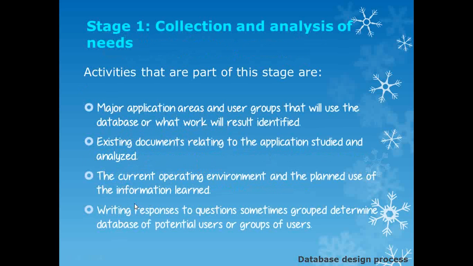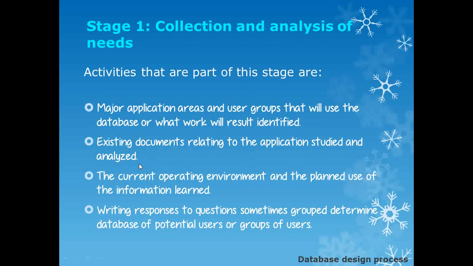Stage 1. Collection and analysis of needs. Activities that are part of this stage are: 1. The major application areas and user groups that will use the database, or whose work will be affected, are identified. 2. Existing documents relating to the application are studied and analyzed.